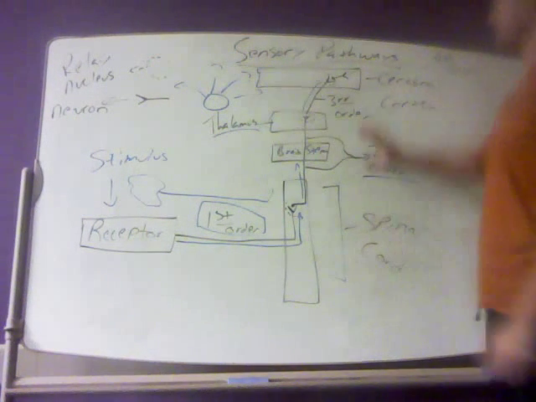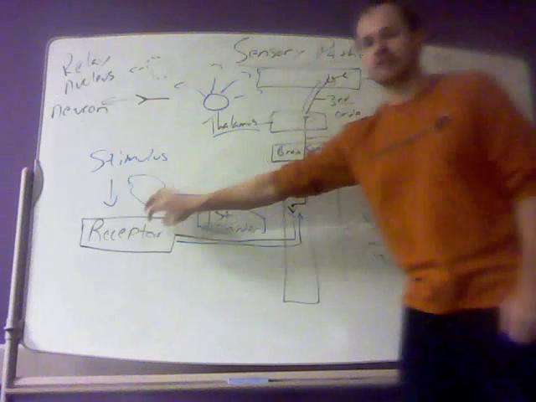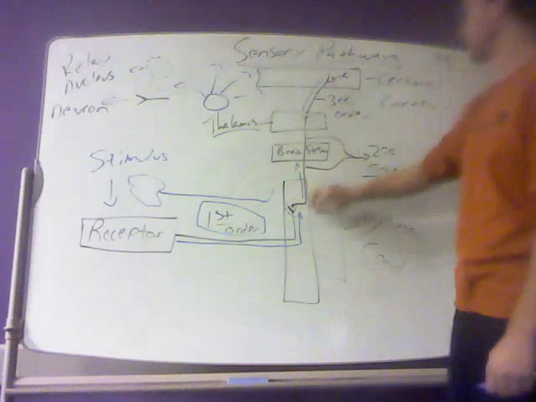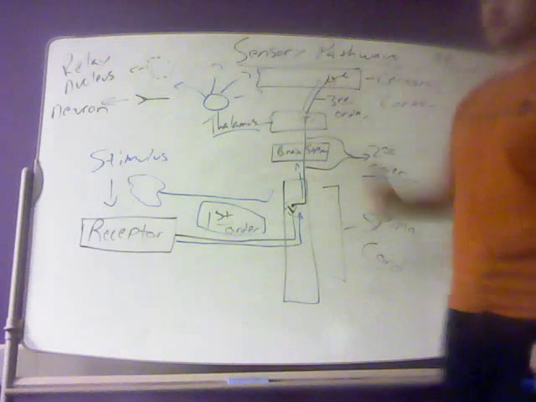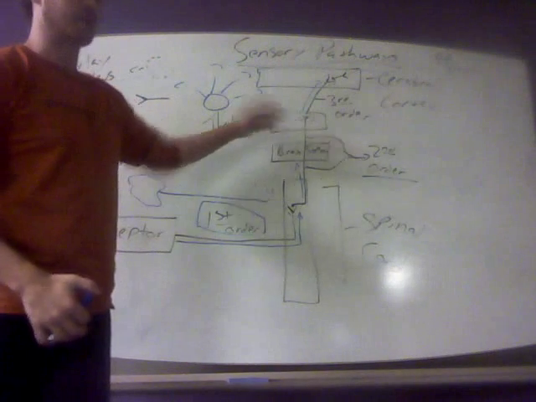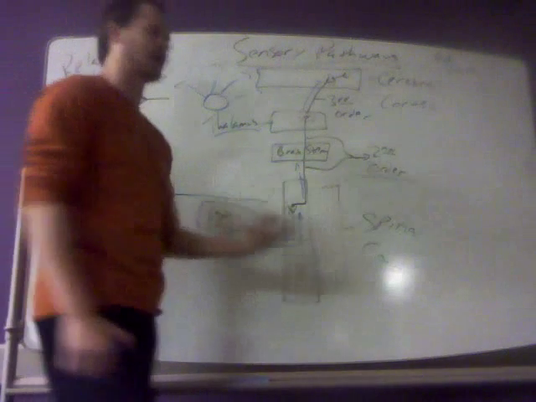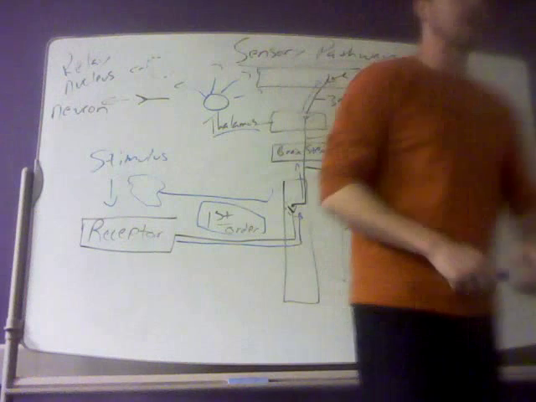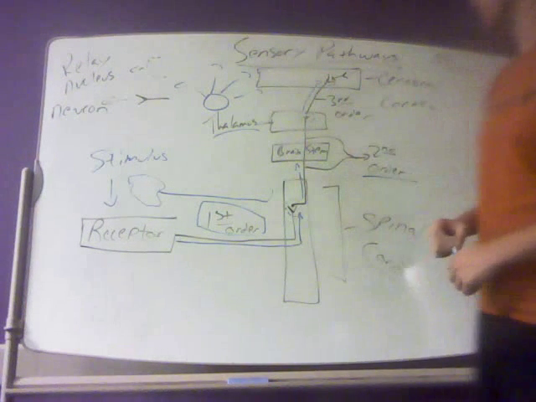You're not going to be able to perceive that until this sensory pathway works its way up to the conscious part of your brain, the cerebral cortex. Everything else below the cerebral cortex, that's all unconscious activity, unconscious reflexes, and communication that is going on within the body. So keep that in mind.